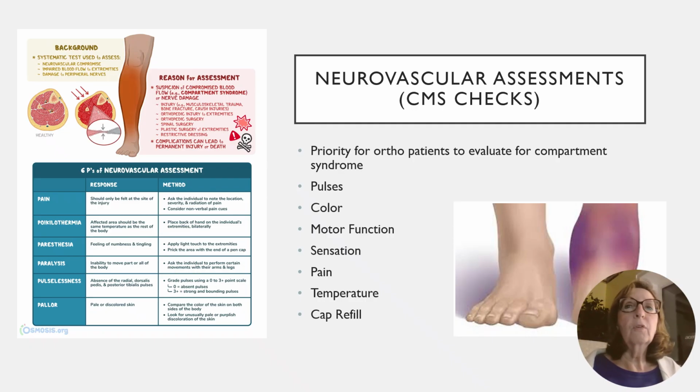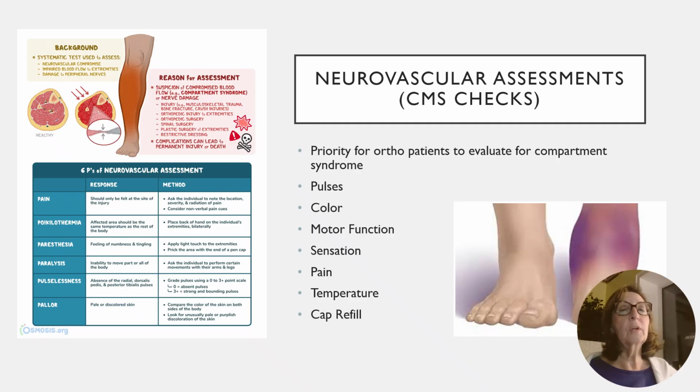You're going to be checking for color. You're going to be checking for motor function. For example, is the patient able to wiggle those toes on that injured foot? Can they feel anything beyond the area of injury? So those toes, can the patient feel when you touch them? Is the patient experiencing any pain at the area of injury or below? And what temperature is that area of injury?